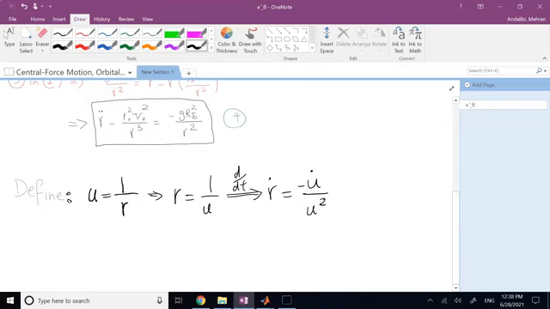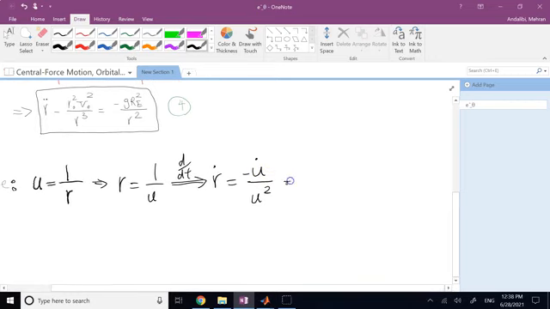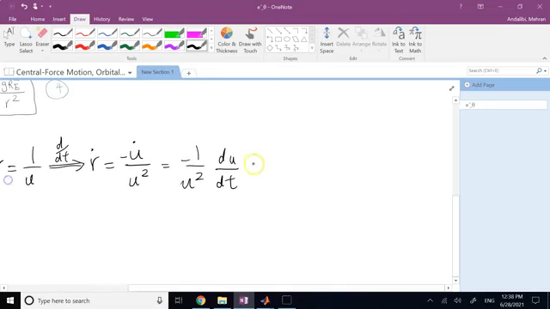And now the question is there any way that I can deal with this U dot term? So I write it as negative 1 over U squared U dot, but U dot, which is du over dt, correct? I will use the chain rule here, and I write it as negative 1 over U squared, and then for du over dt, I write it as du over d theta, right? And then d theta over dt, which is theta dot.